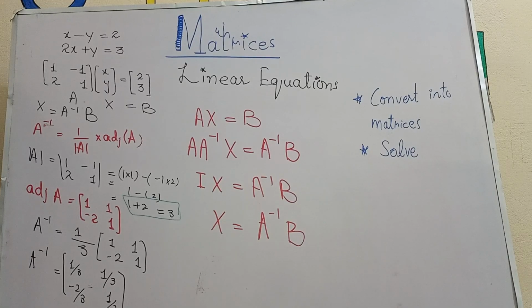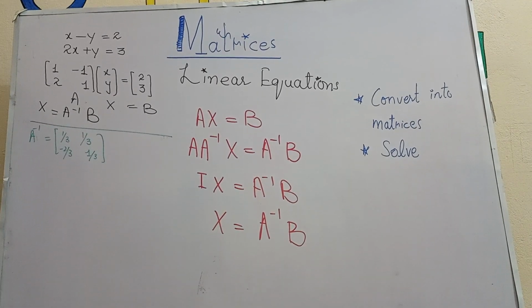I don't have space over here, so I'm just raising the board and doing the rest of the calculation. So friends, as we have calculated the inverse of the A matrix, that is 1 by 3, 1 by 3, minus 2 by 3 and 1 by 3, for finding the values, we have to multiply it with the other matrix.